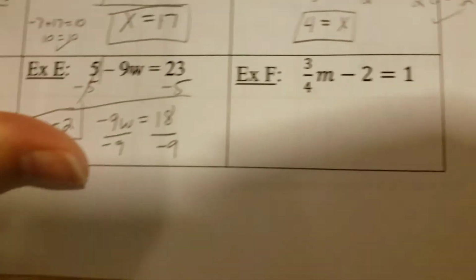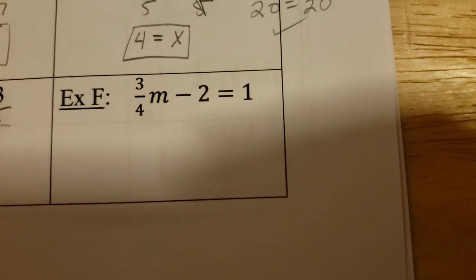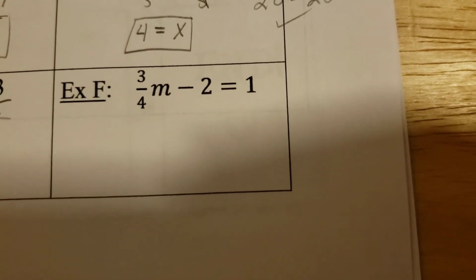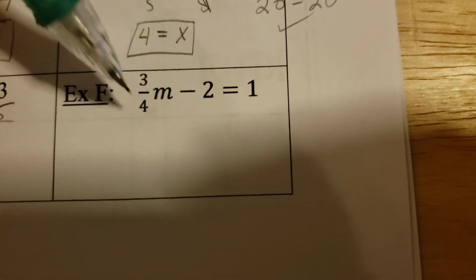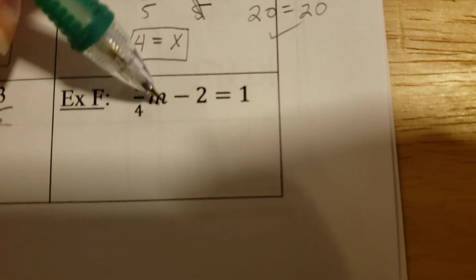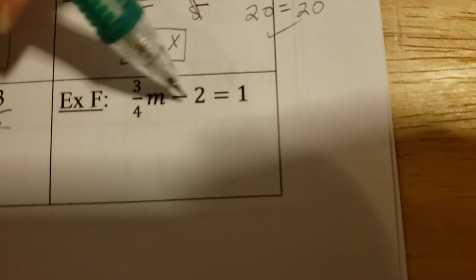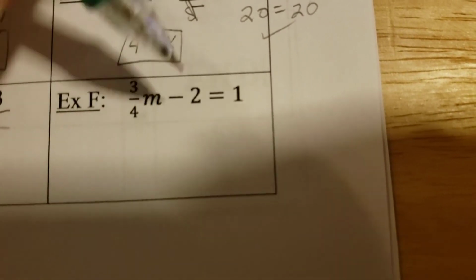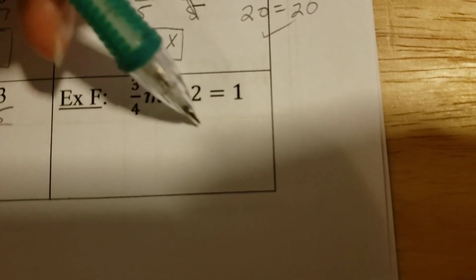Okay. Now our next part, this deals with fractions. Again, we've got our little group of friends over here. We have our couple, the 3/4 m, but then we also have the single over here, the -2. Remember, we want all the singles to go to the other side with the other singles, okay?